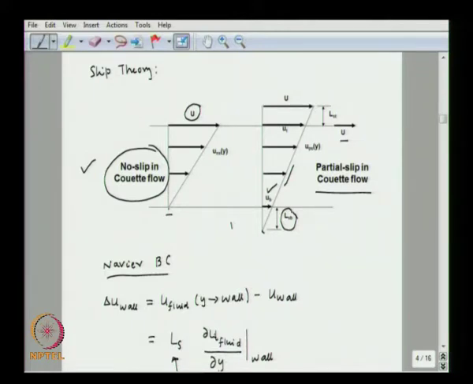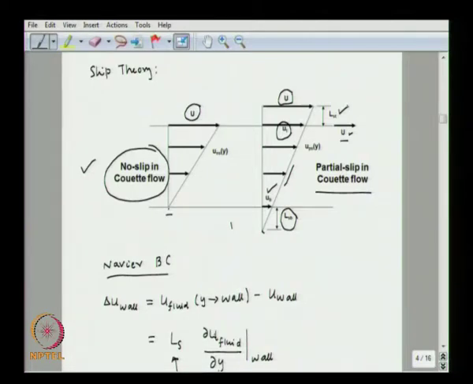Similarly at the top plate, if you allow slip we will get a velocity ut, which is smaller than u. And if we extend the same profile into the top wall, at some length this velocity is going to be equal to the plate velocity, and the length at which this would occur is known as the slip length for the top wall.